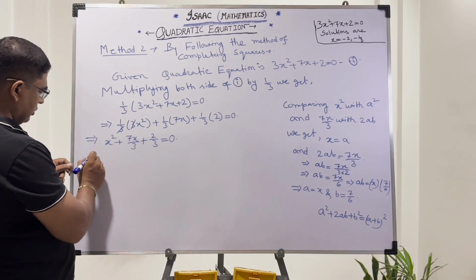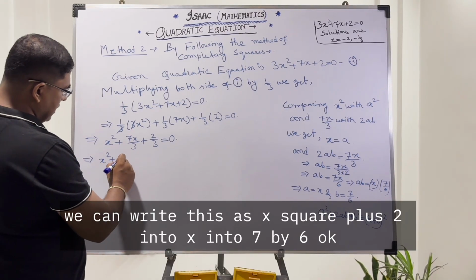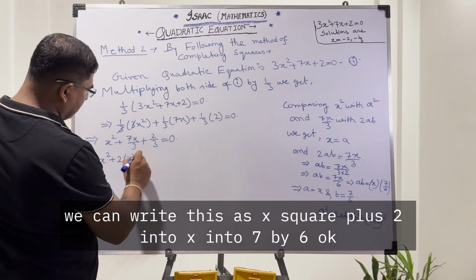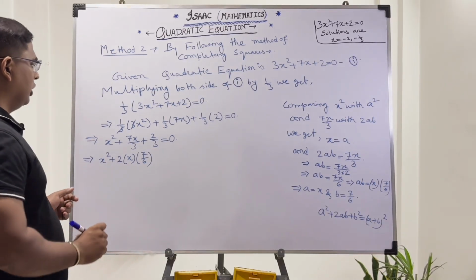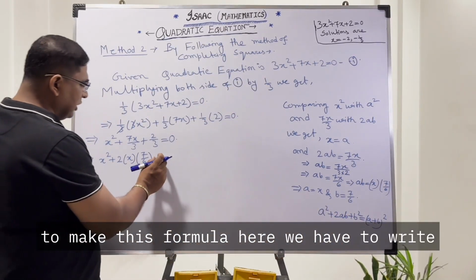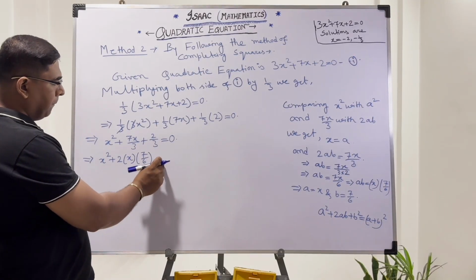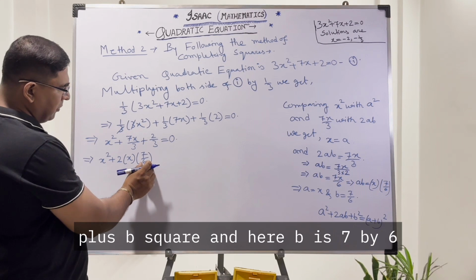So we can write this as x square plus 2 into x into 7 by 6. Okay. Now, to make this formula, here we have to write plus b square, and here b is 7 by 6.